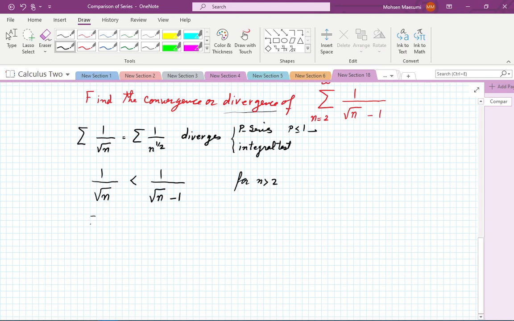If I go ahead and add the smaller one, I know this one diverges to infinity. As a result, I can say the series whose terms are bigger than this, okay, the terms here are bigger than the terms here, therefore I know that this is going to also diverge.